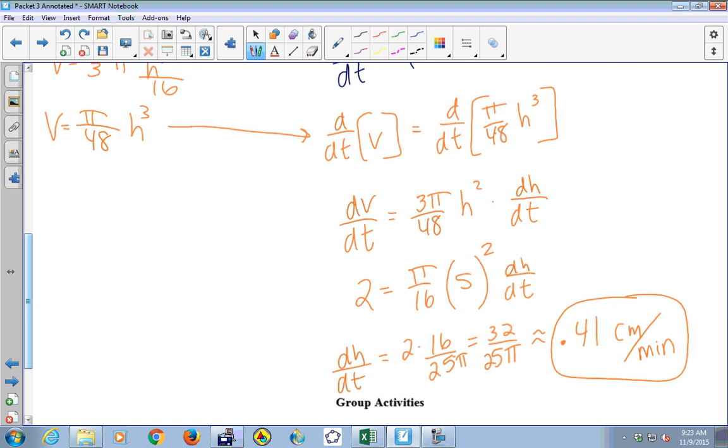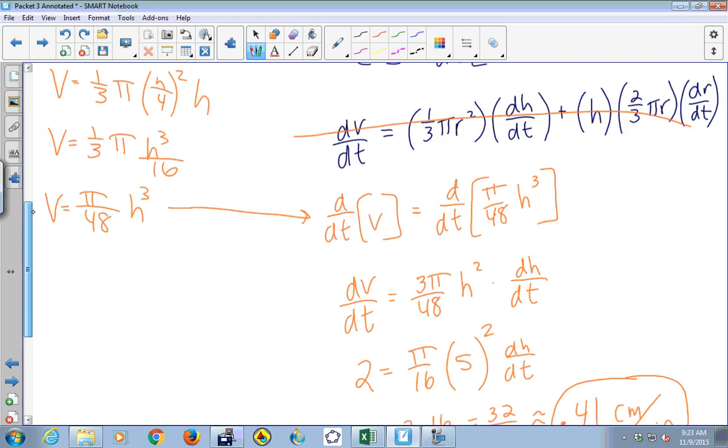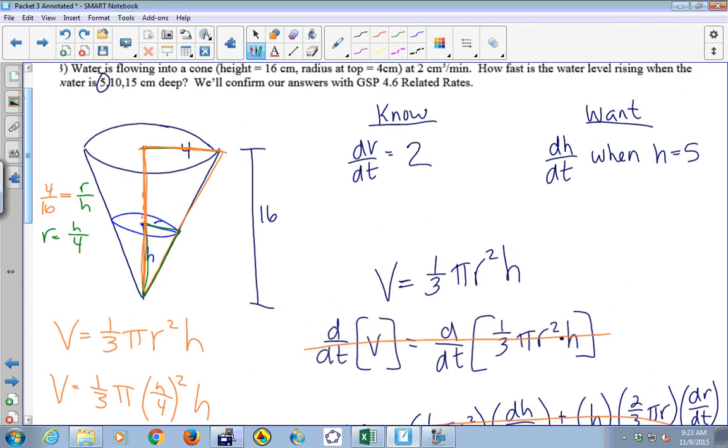Then we plug in all the things we know. dV dt was given. That's one of the things we know from way up at the top. We wrote it down here. dV dt was 2. And then we want to know dh dt, so I'm hoping to fill in everything in my equation except for dh dt.